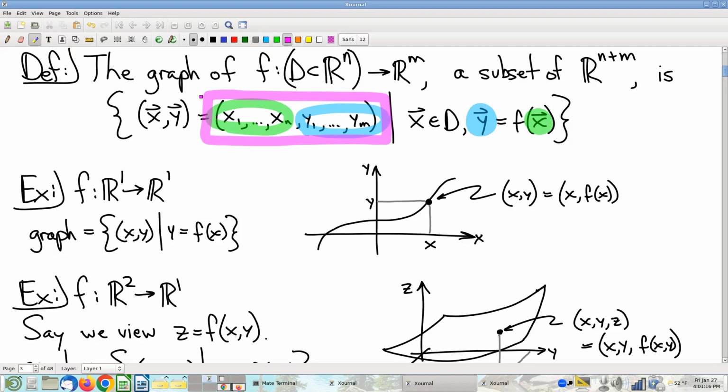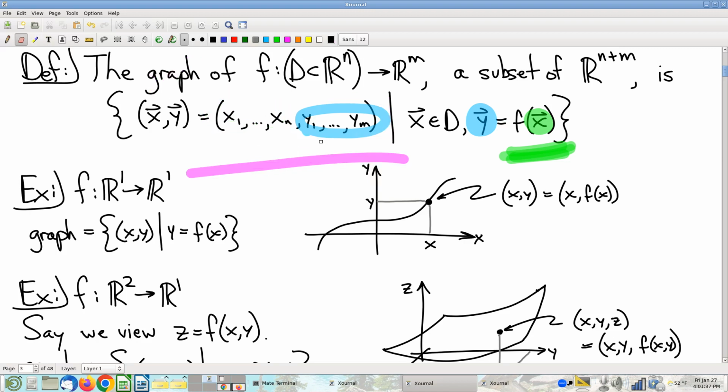And as you consider all possible input vectors, you're going to look then at all possible of these things, and altogether that's going to form this thing called the graph of that vector valued multivariable function. Okay, so it's the same big idea, a generalization of the single variable picture.